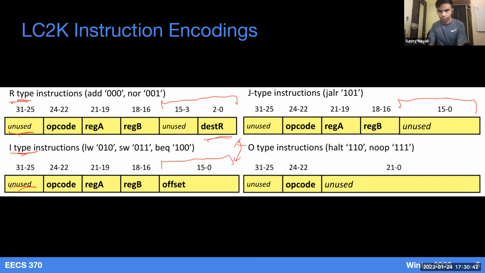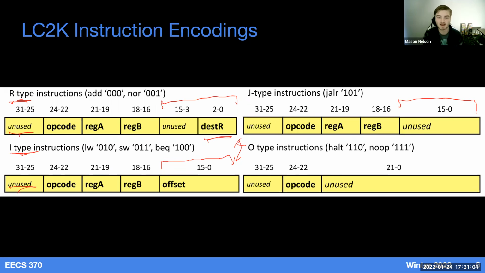Are we all good? Yeah, I think one thing about that idea of reusing that 16-bit field at the end is that it'll make things really easy in Project 1S when you're decoding the machine code and trying to figure out if it's a destination register for an R-type or an offset for an I-type.